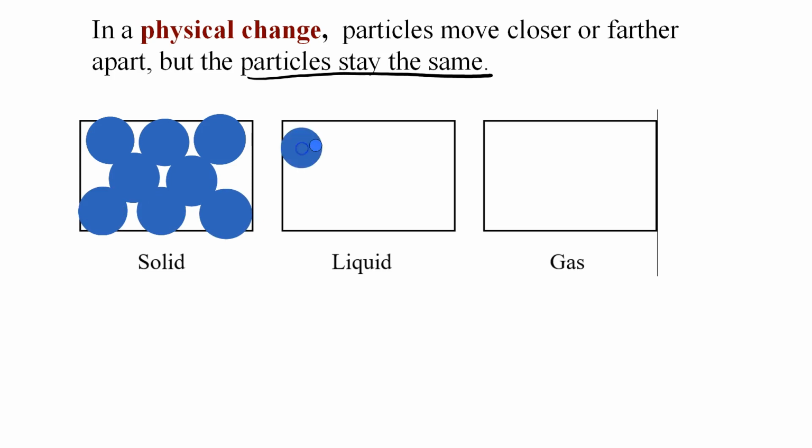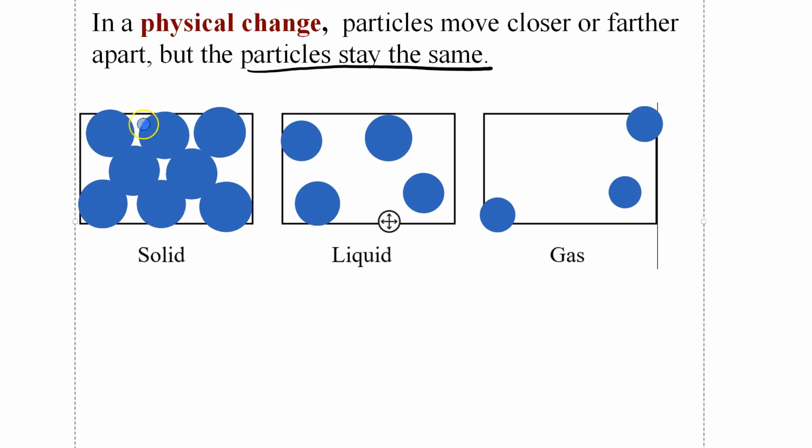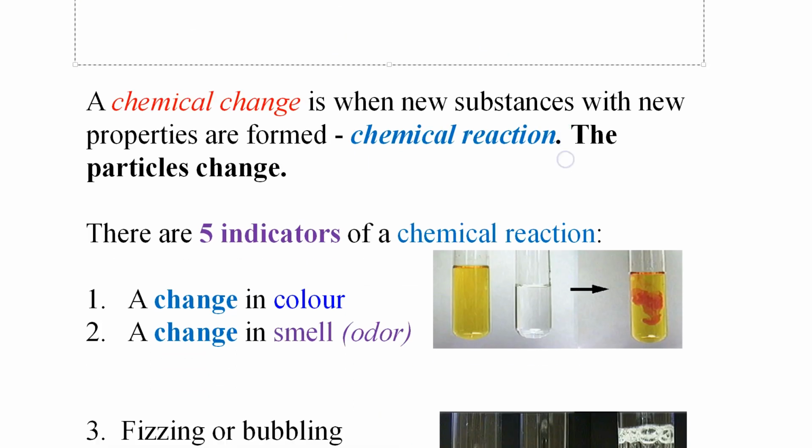Whereas in a liquid, there are a few more gaps between them. And in a gas, they're very far apart. Now you're noticing in this there are more molecules represented by the blue dots than in the liquid or the gas. It doesn't mean that there are more or less, but just in this space they would be more densely packed, so we see more of them.